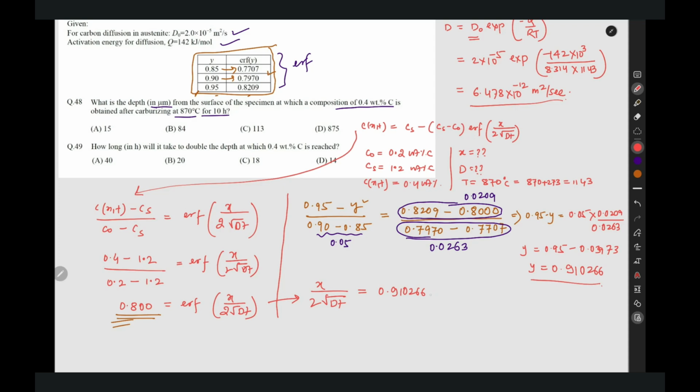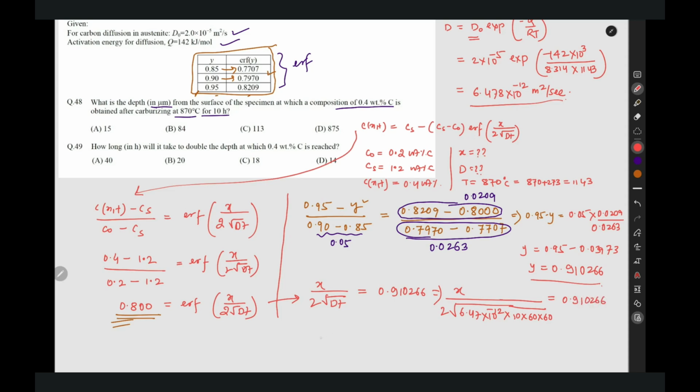Now again, after substituting all the values, x by 2 into root diffusivity, we have calculated as 6.47 into 10 to the power minus 12 into time given as 10 hours into minute into seconds, equal to 0.910266.